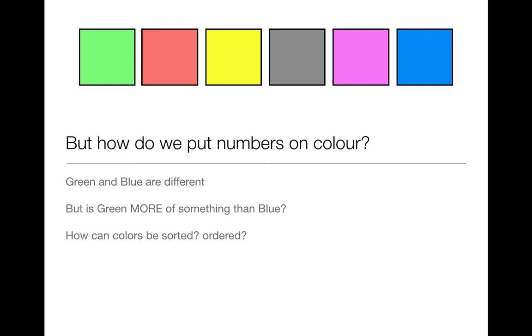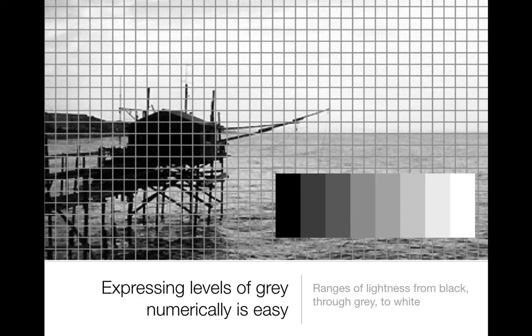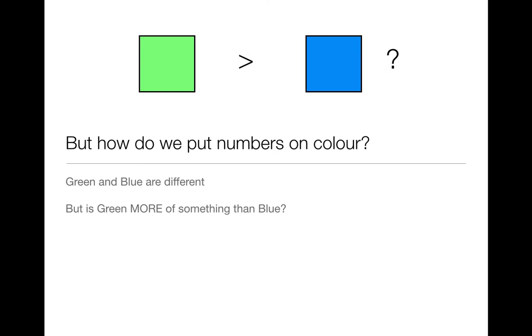So how do we put order on colour? How do we put numbers on colour? Like, are these colors in the right order? What does that even mean? We know what it means when it's shades of grey. These are clearly in the right order. They're in order there. But what about these?